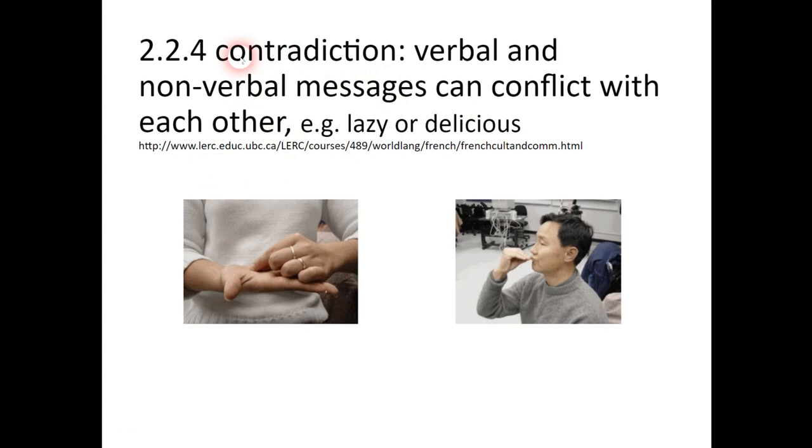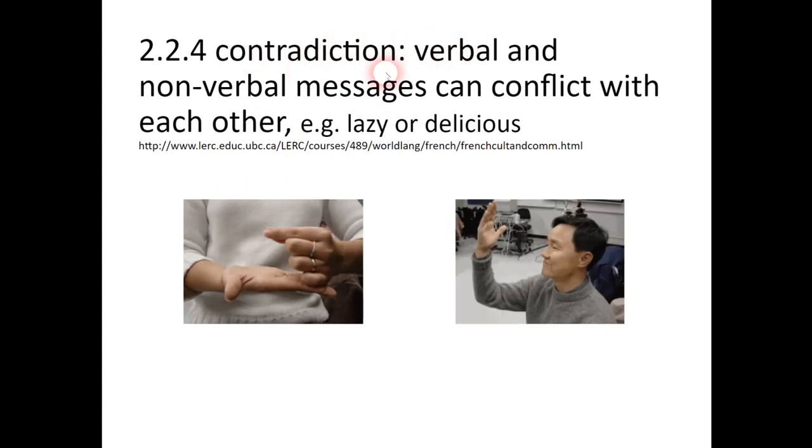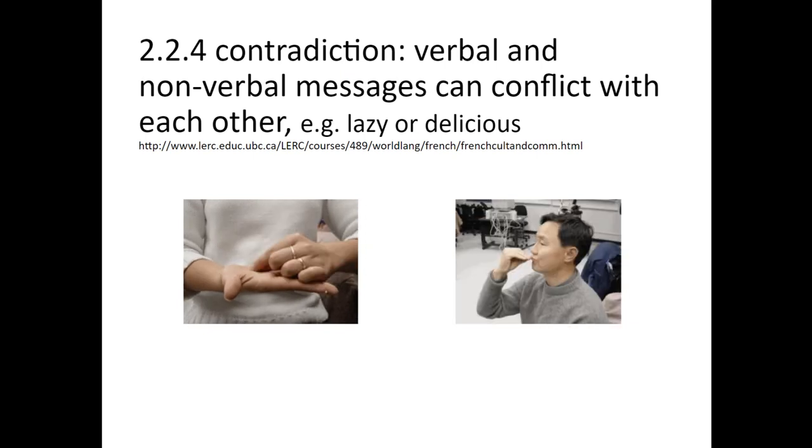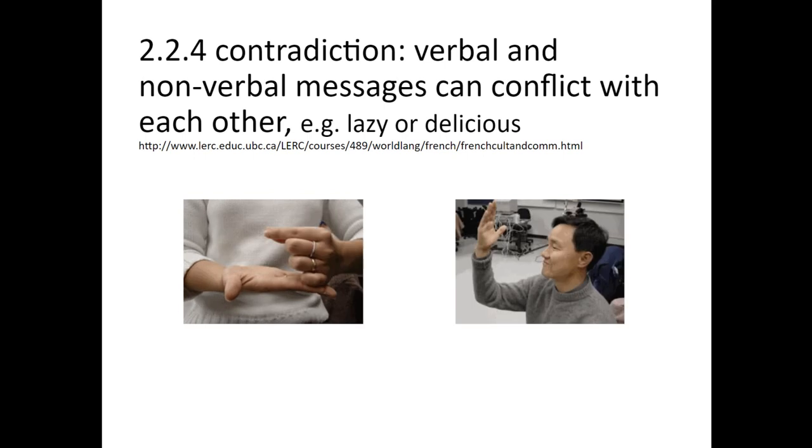For example, when you say, "Are you alright?" and your friend says, "Yeah, I'm alright, I'm alright," but when you look at your friend, you can actually understand that she is not alright. There's something. So this is what we call contradiction.